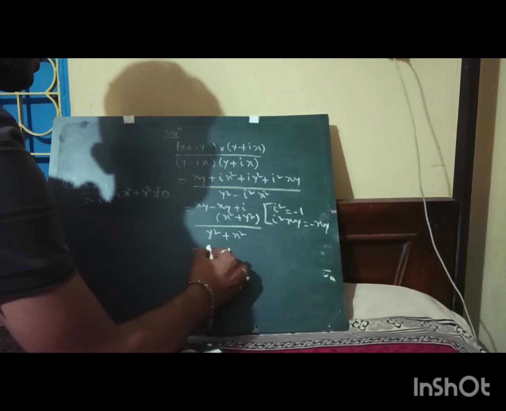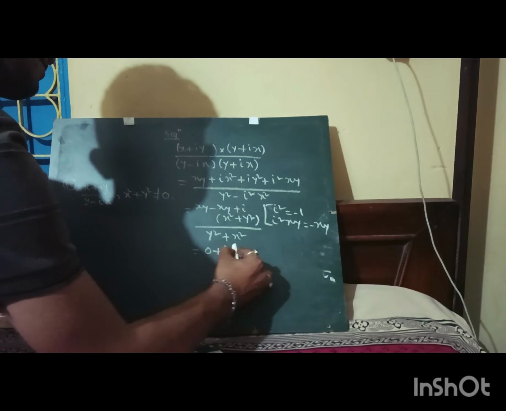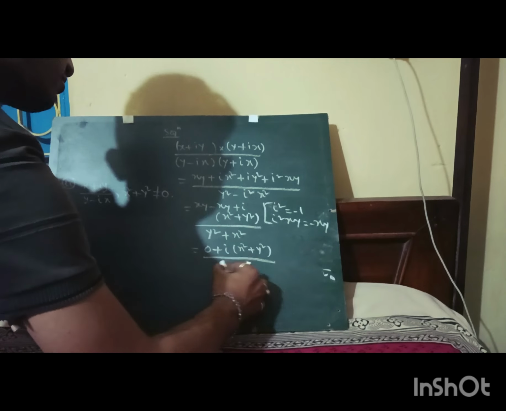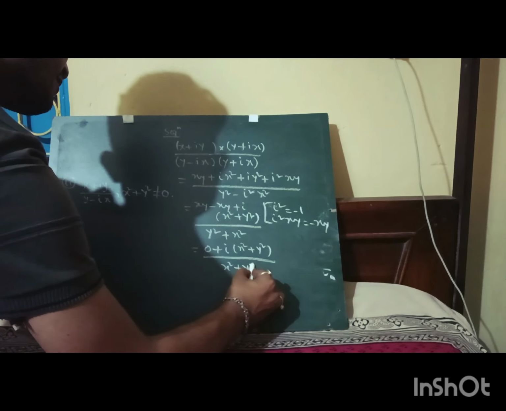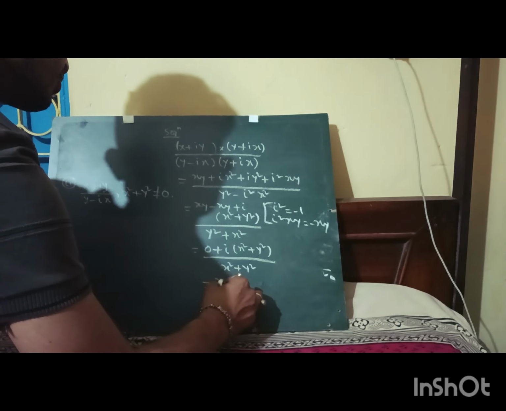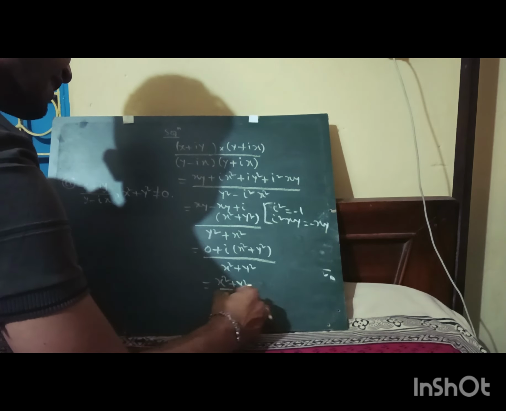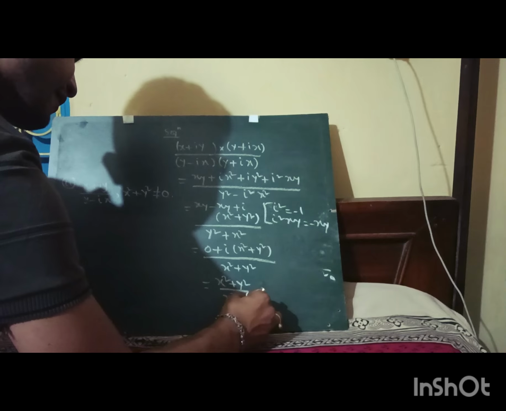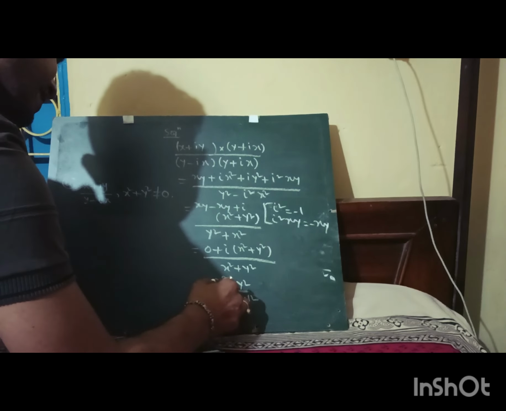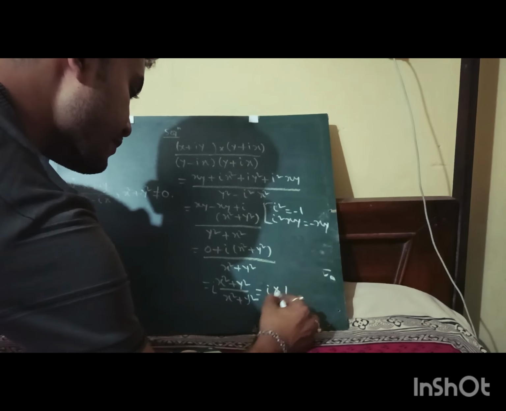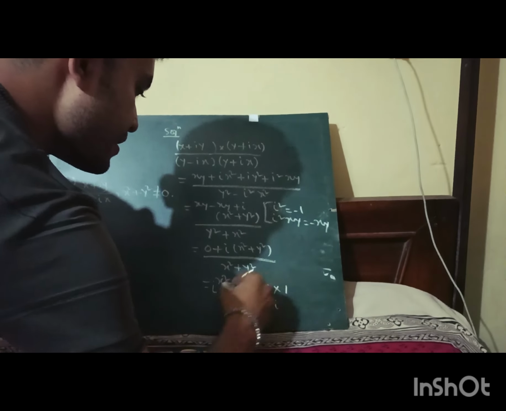That is 0 plus i(x squared plus y squared) by (x squared plus y squared). That means the result will be (x squared plus y squared) by (x squared plus y squared) multiplied by i. That means it will be i into 1 equal to i.